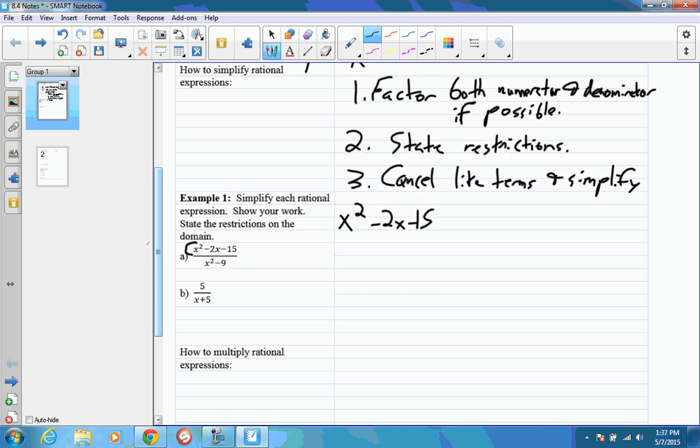So I need factors of negative 15 that add to negative 2. So 1 and 15, not going to work. 5 and 3. If I do negative 5 and positive 3, so x minus 5, x plus 3.